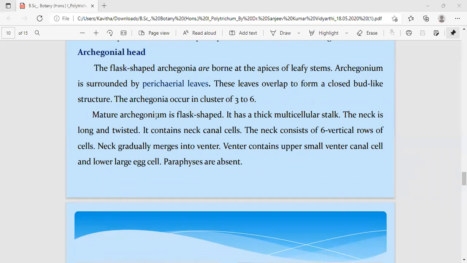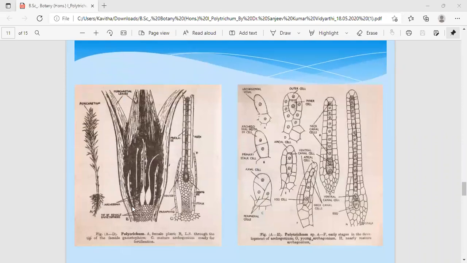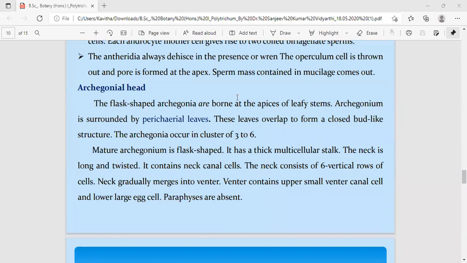Next important point. These perichaetial leaves, same as perigonial leaves, are also in a rosette-like manner. They are arranged spirally and enclosing. These leaves are overlapping with one another and completely enclosing a group of archegonia.